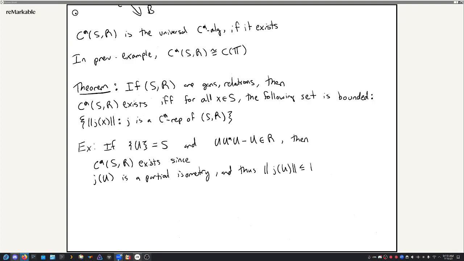So this set I defined in the theorem is bounded by 1. So this is the criterion for when universal C-star algebras for some set of generators and relations actually exist.